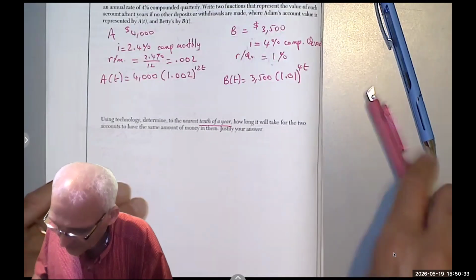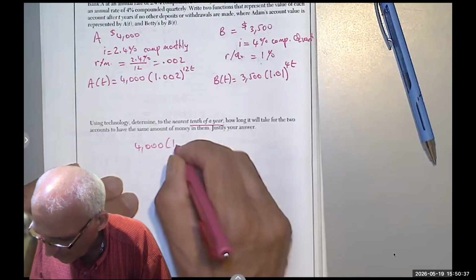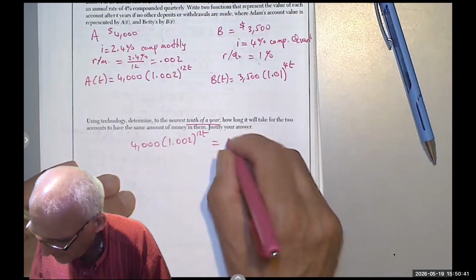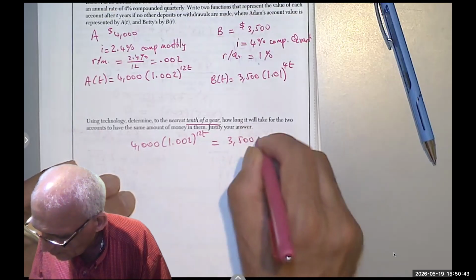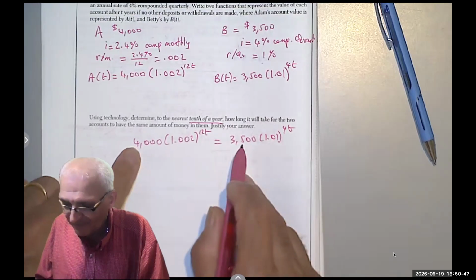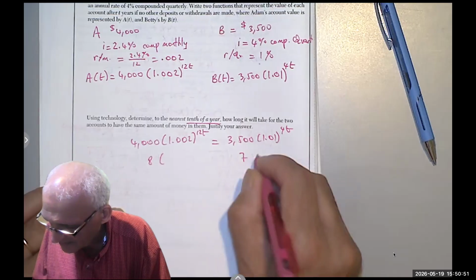So for example, I could say 4,000 times 1.002 to the 12t equals 3,500 times 1.01 to the 4t. Now dividing by 500, this would be 8, and that would be 7.